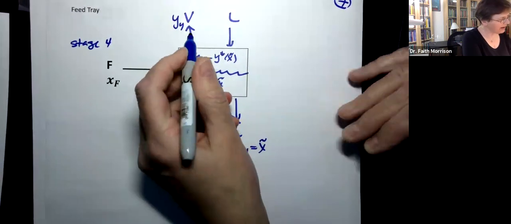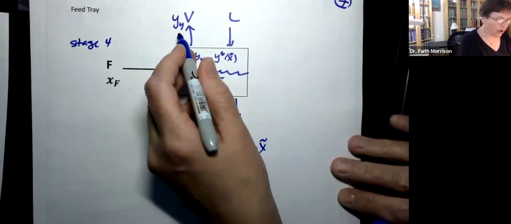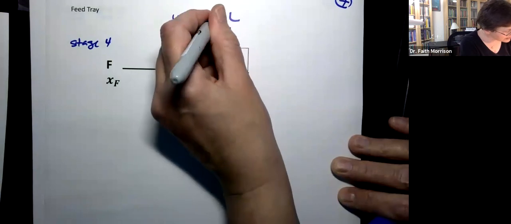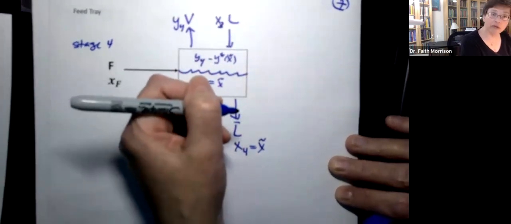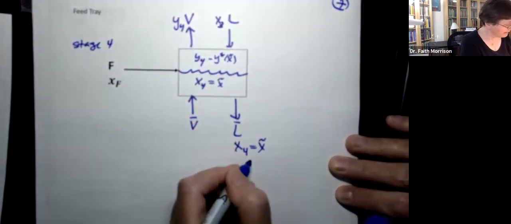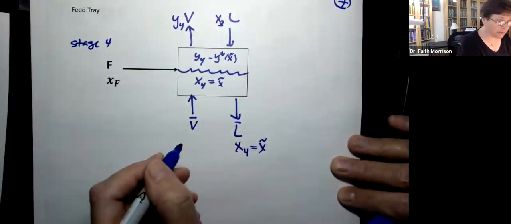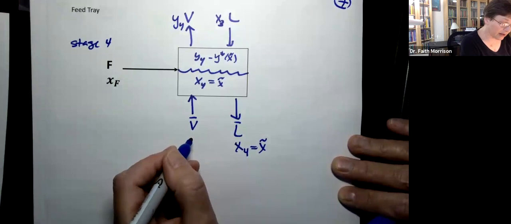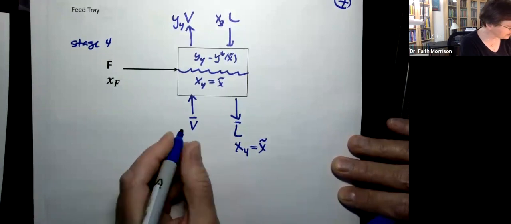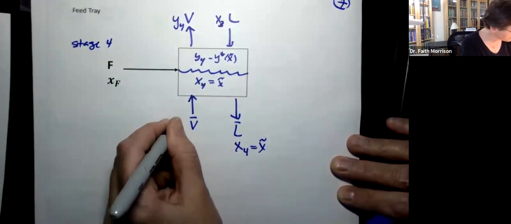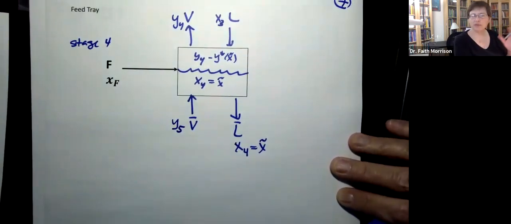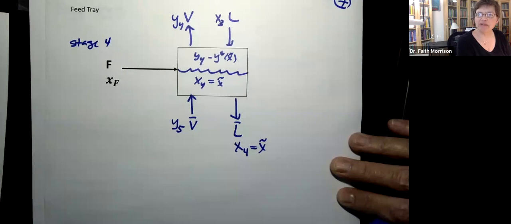Okay. And now if this is Y4, then this stream must have come down from one stream above. So this must be X3 coming down from the stream above. And if this is X4, this must be going up from the stage below. So this must be Y5. So you see, I could have done n+1, n-1, all that stuff. But let's just use numbers so that we don't get confused.